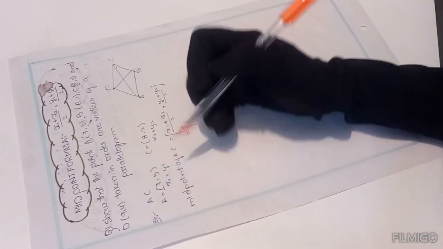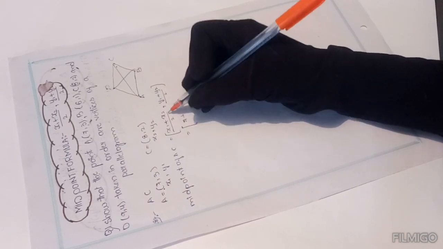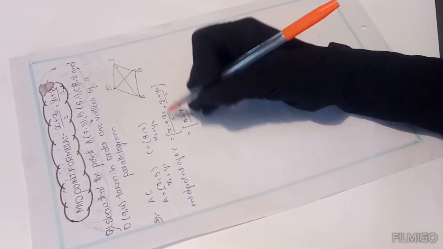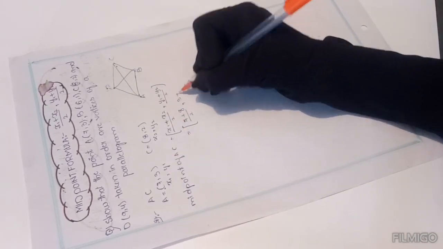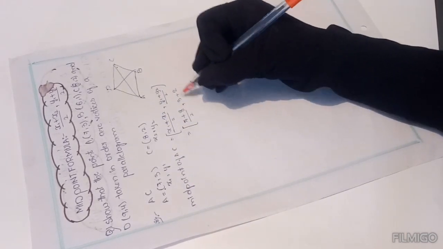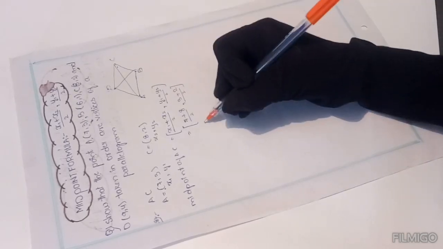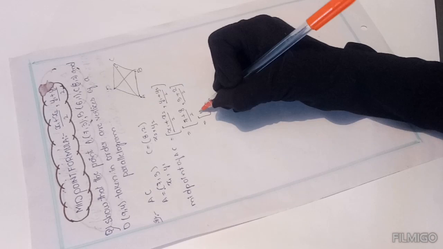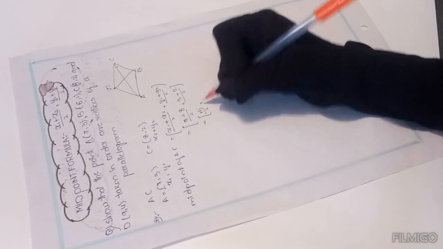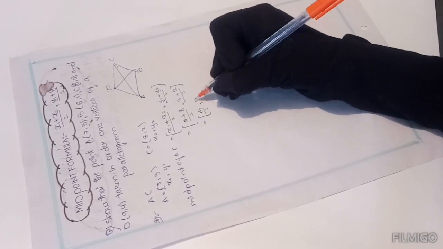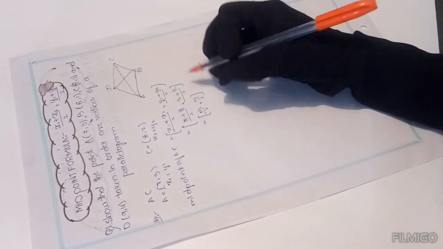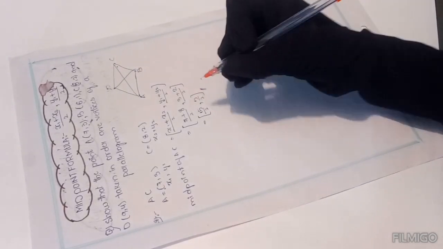Here, x1 is 7 plus x2 is 8, by 2, comma y1 is 3 plus y2 is 2, by 2. 7 plus 8 is 15 by 2, comma 3 plus 2 is 5 by 2. It cannot be further divided, so let it stay as it is.